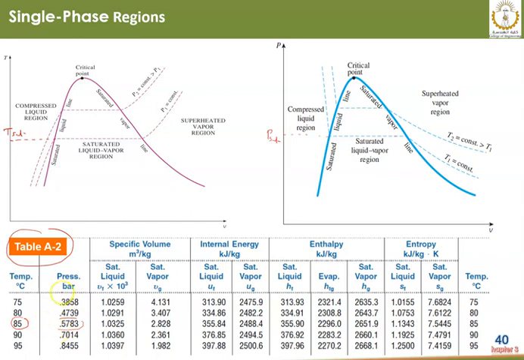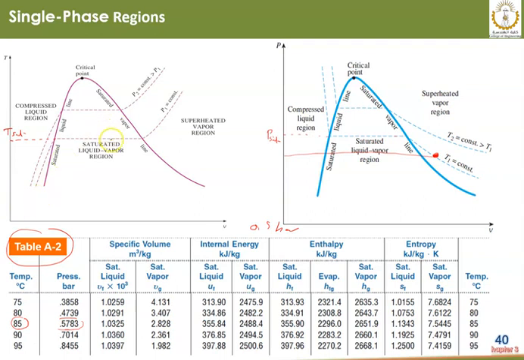Our pressure is 0.5 bar, so our pressure is less than the saturation pressure, 0.578 bar. Which means that we are at that point of temperature of 85 and pressure of 0.5. Therefore, we are in the superheated region.